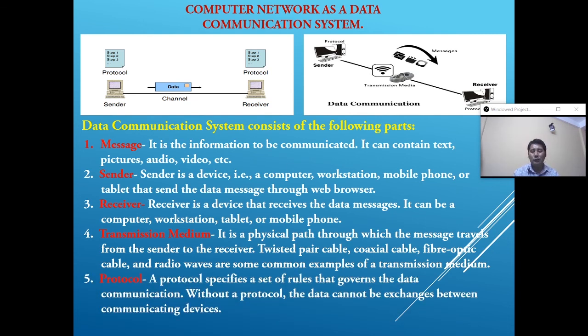And finally, the protocol, that is a set of rules that governs the data communication. Without the protocol, data cannot be exchanged between the communicating devices. There are sets of protocols, sets of rules for doing different works in the computer network.